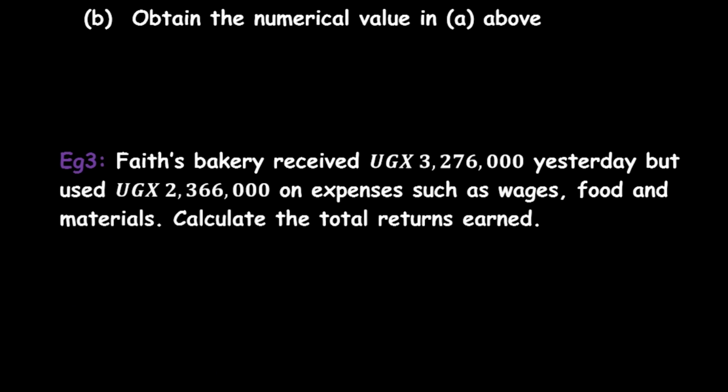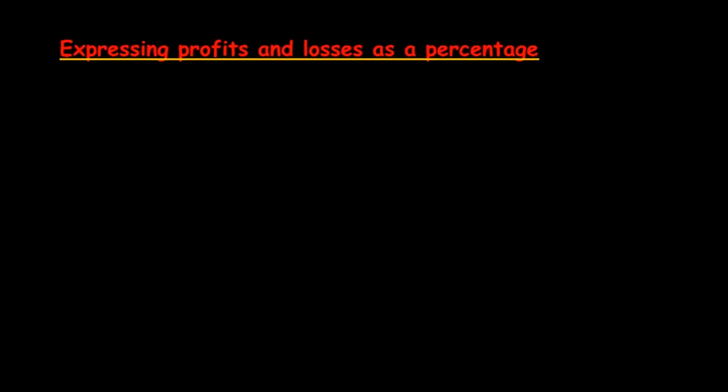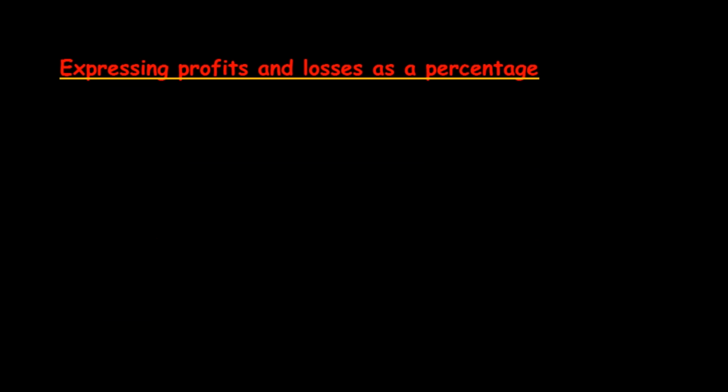Now let us look at how we can express profits or losses as a percentage. We express profit or loss as a percentage using the formula below. Part A. If we want to calculate percentage profit, we use the formula: percentage profit is equal to profit out of the cost price times 100%.